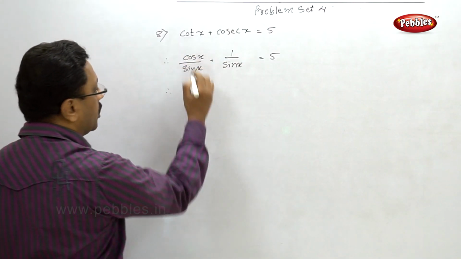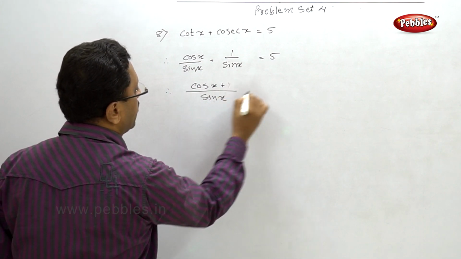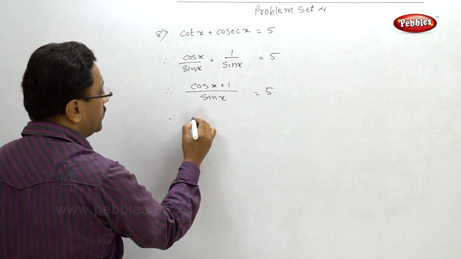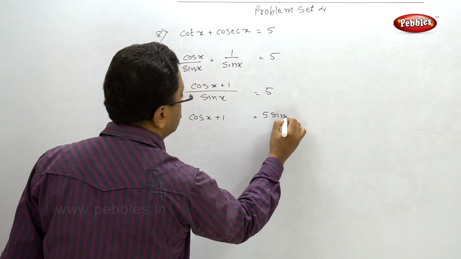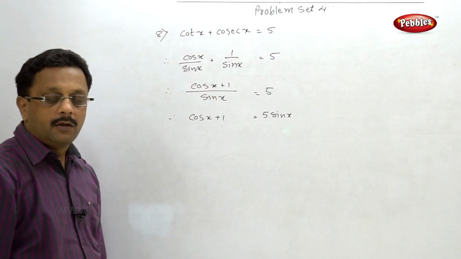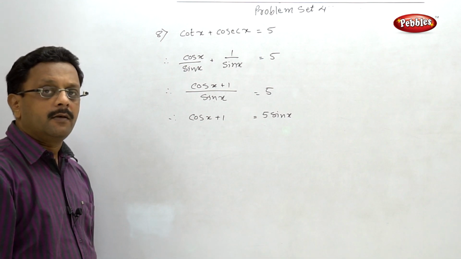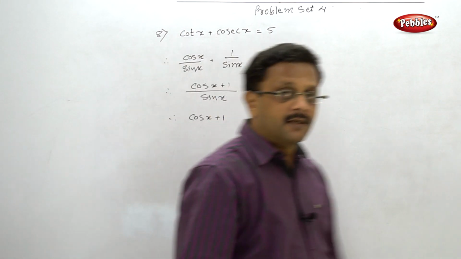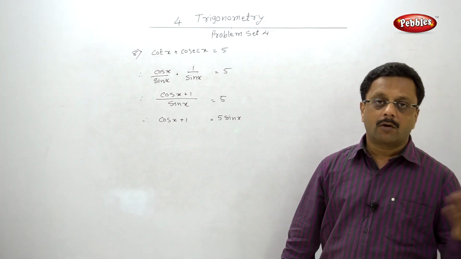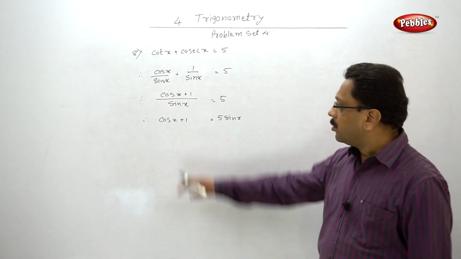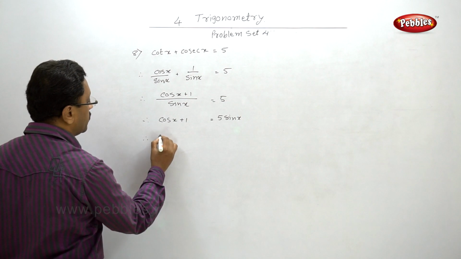Now I will solve this. So cos x plus 1 upon sin x equals 5, and hence cos x plus 1 is equal to 5 sin x. I want only cos, so I have to eliminate this sin. And how to eliminate it? We know that cos square plus sin square equals 1. So I will first square both the sides because I want sin square here.